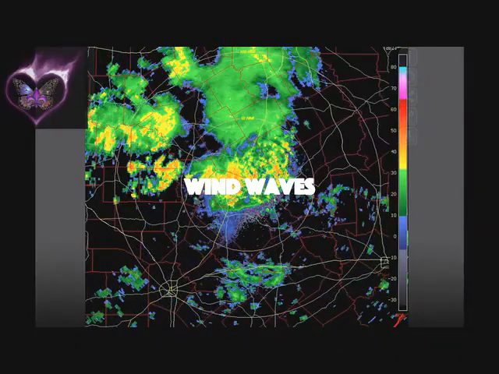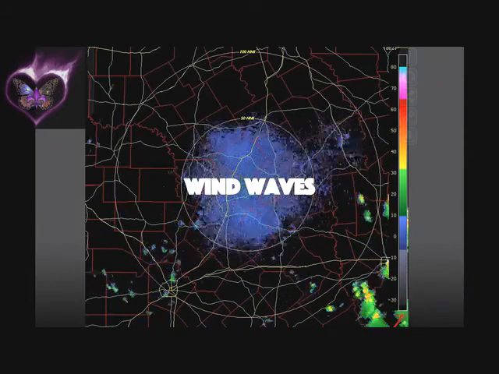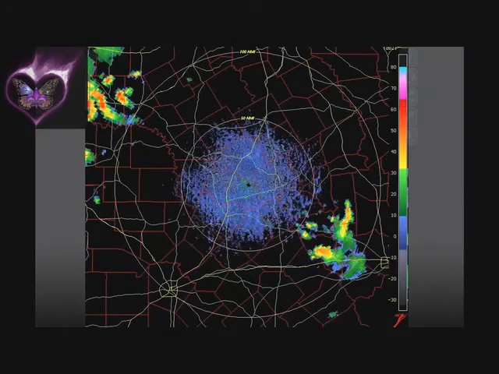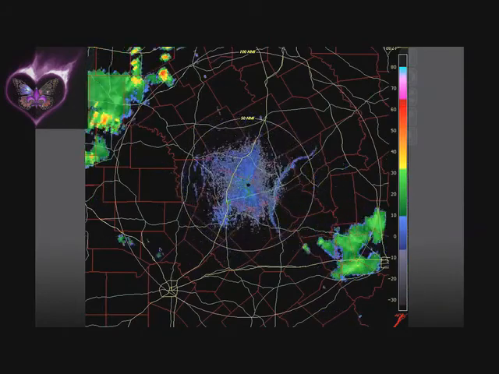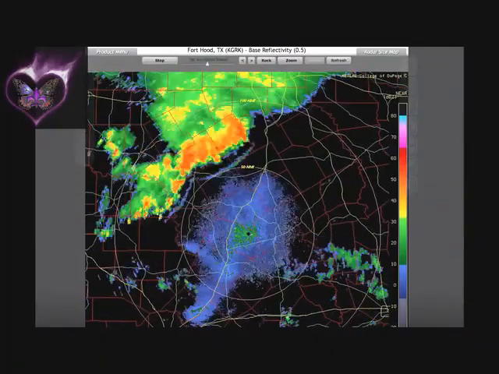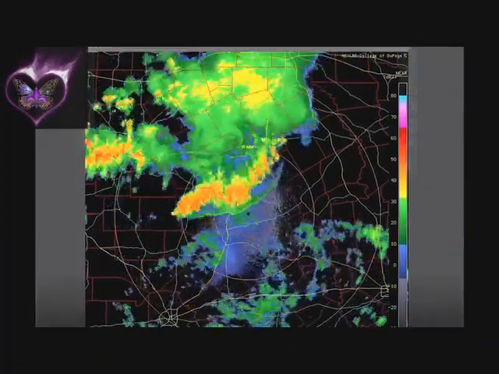Wind waves. When we first noticed the storms interacting with Doppler radar, we first captured this interesting image, thinking that the beams were causing the wave action.